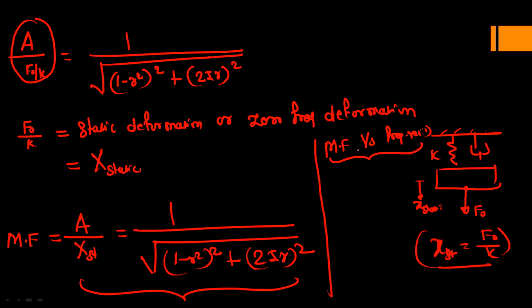With the help of this graph, we can observe the effect of changing the frequency on this magnification factor. At the same time, what is the effect of this zeta parameter on the magnification factor or on this amplitude? So that we will study in the next lecture, the graph of magnification factor versus frequency ratio.